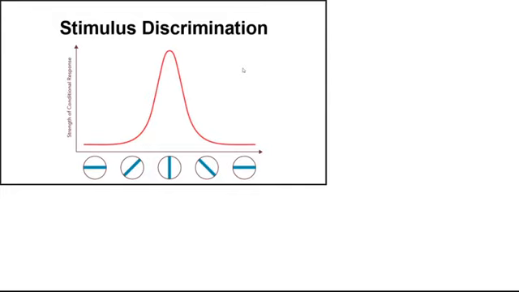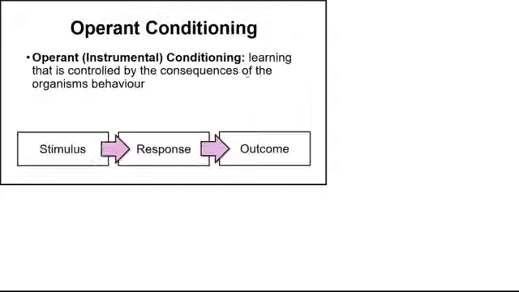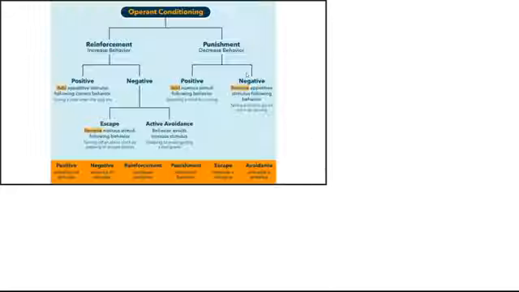They're treating that vertical line differently than the diagonal lines. So it's the same concept of whether we're generalizing and treating them all the same, or discriminating and treating them differently. We're just framing it a little bit differently. So instead of a conditioned response, we're just looking at an operant response. Same concepts. Okay, so scrolling back to where we were.